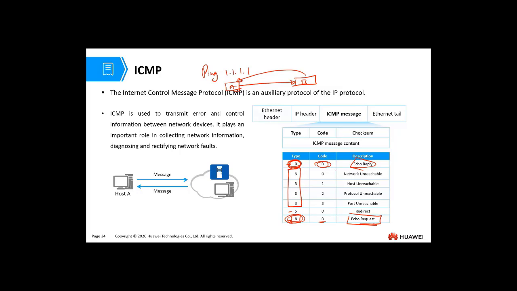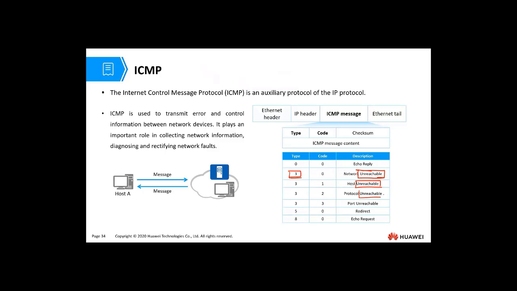Are we together? Now, type 3 is a type for unreachable. Are we together? Type 3 is a type for unreachable.